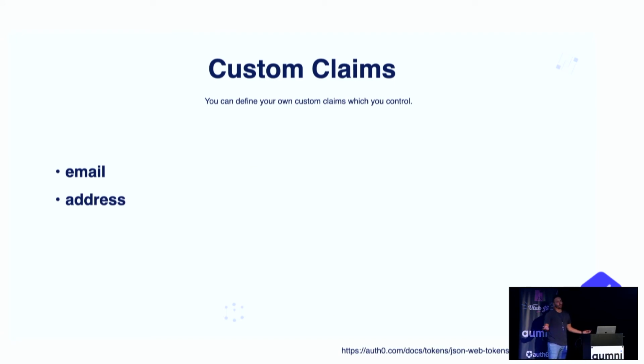So if you've built an application and you want to grab additional information about a user, for example, their email, their address, and you want to display that on a My Profile page, you can add those custom claims if you're managing your own authentication. Or if you're working with someone like Auth0, then you can go into your dashboard and add those to the claims, the tokens as they get generated.